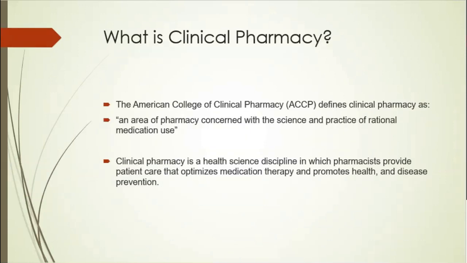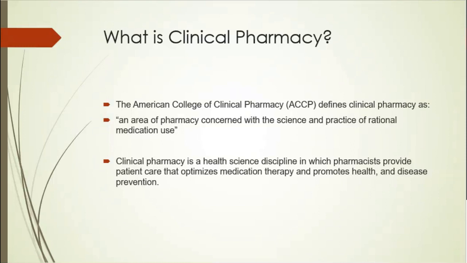So first of all, what is clinical pharmacy? The American College of Clinical Pharmacy defines clinical pharmacy as an area of pharmacy concerned with the science and practice of rational medication use. Okay, that's pretty broad.